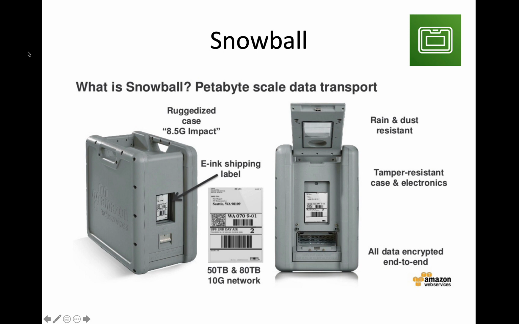The data is going to be encrypted in Snowball storage, and then you can simply ship it back to Amazon. Amazon will then copy the data from the Snowball storage device into an S3 bucket of your choosing. So it's sort of the old saying that it's faster to move data using a car or truck than it is to use your fiber optic lines, especially when we're talking about massive amounts of data.